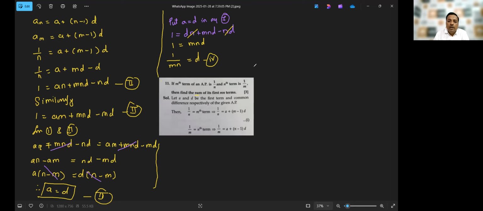ठीक है. Now the question is, find the sum of first mn terms. Sum. So S_mn is equal to mn divided by 2, then 2a plus (mn minus 1) d.